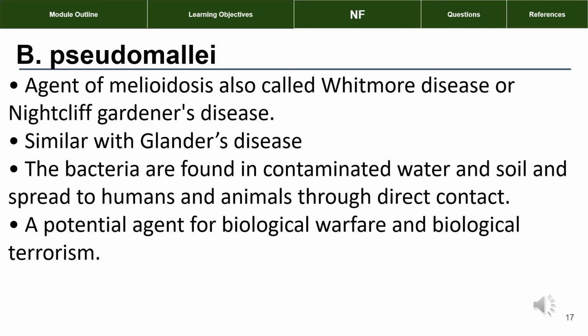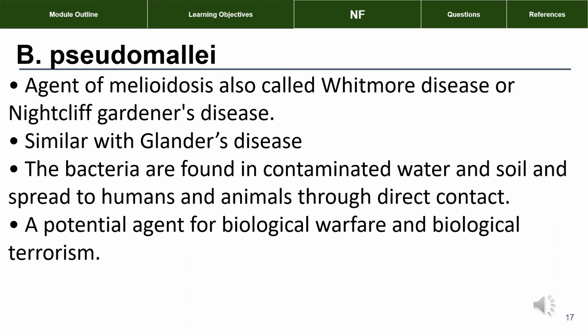So we have your Burkholderia pseudomallei. This is an agent of melioidosis, which is also called your Whitmore disease or your Nightcliff-Gardiner's disease. So it is very similar to glanders disease. It can also be a potential agent for biological warfare and biological terrorism.